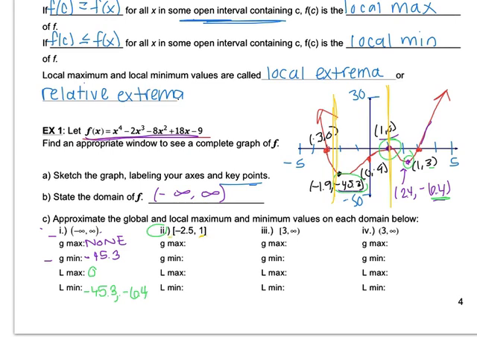So if you follow the function right there, just for that interval, its absolute highest point is right here where x equals 1. So it actually will have a global max on that interval, and that global max is going to be the y value right there, which is 1.